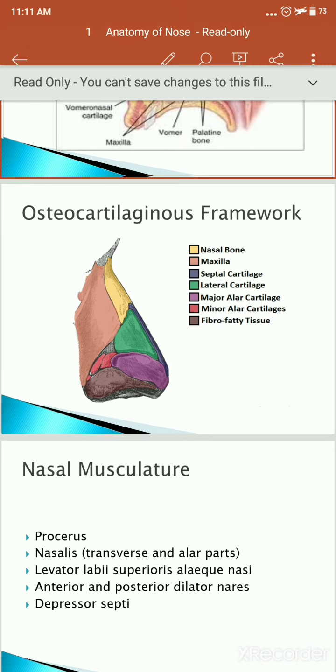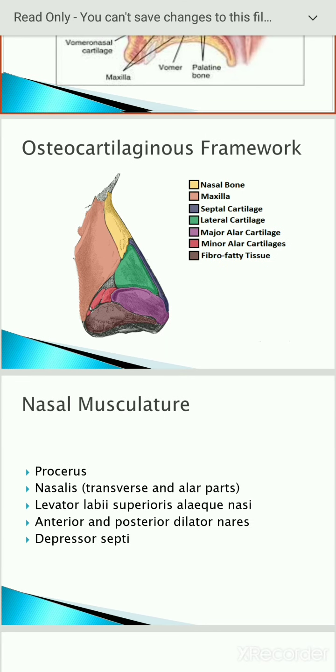This diagram of osteocartilaginous framework is shown with different colors. Yellow color is for nasal bones. Just lateral to it is maxilla, frontal process of maxilla. In the midline there is a septal cartilage.